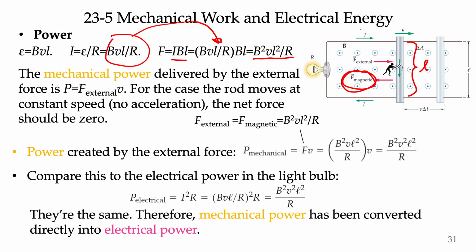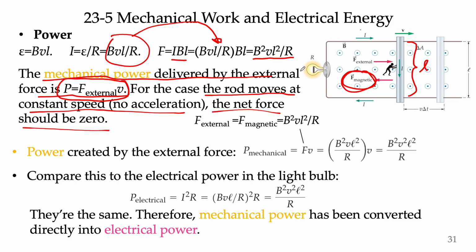Now, this person is pushing the rod, right? So there is mechanical power provided by the person. The mechanical power delivered by the external force is the external force times the velocity of that rod. We don't really know what the external force is, but we can find it from the information that, when we started with this problem, I said the rod moves at a constant speed, so there's no acceleration. That means the net force is zero.